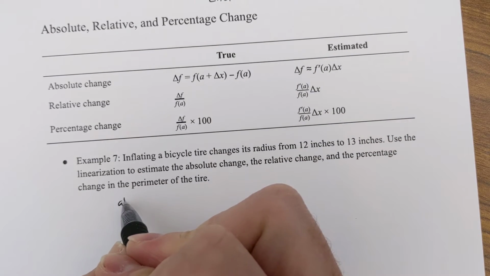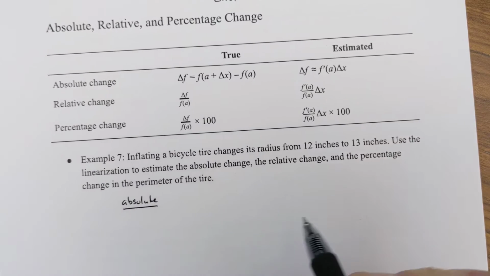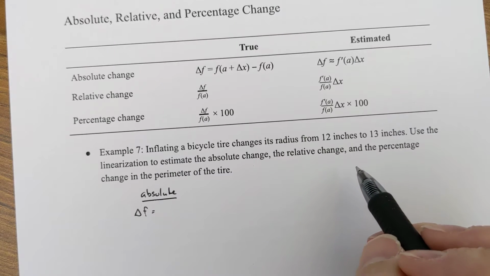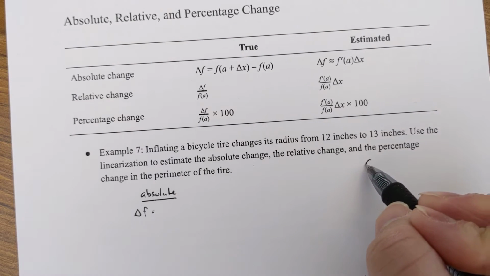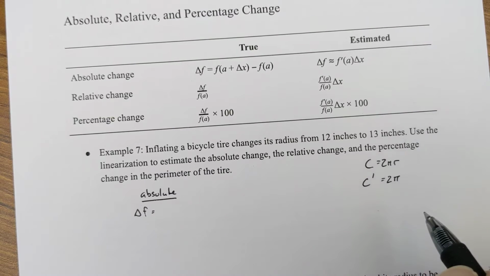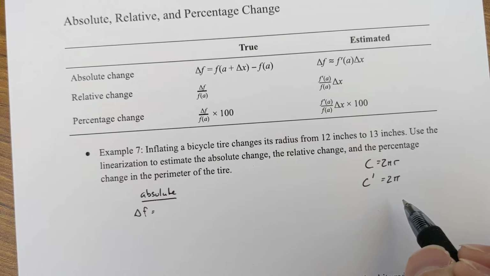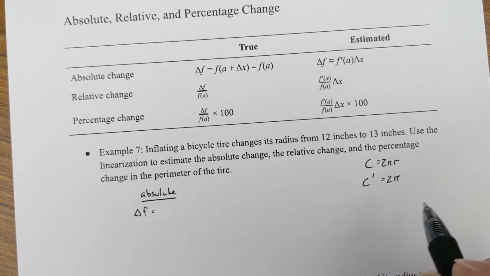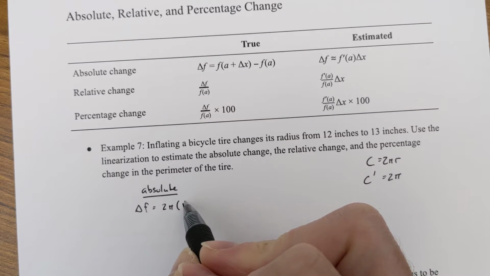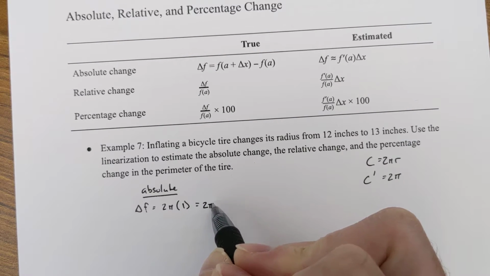For absolute, delta f: the circumference of a circle is 2 pi r, so c prime, the derivative, is 2 pi. So it's f prime of a, the derivative is 2 pi, delta x is 1, so the absolute change is 2 pi.